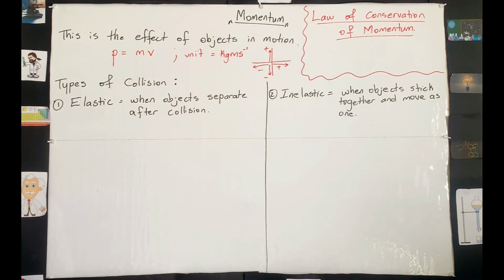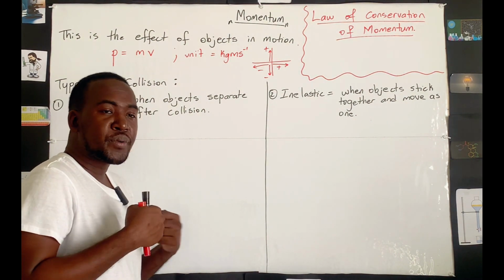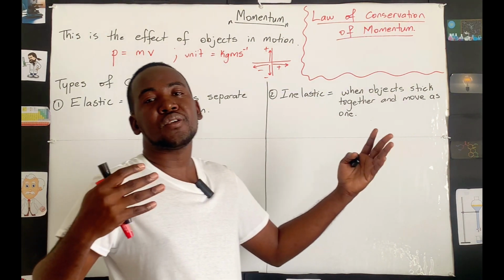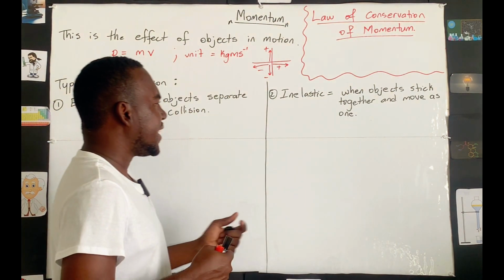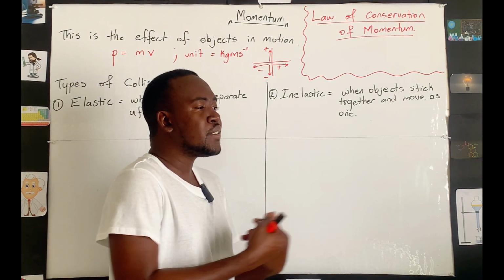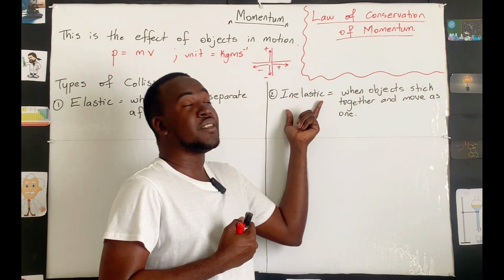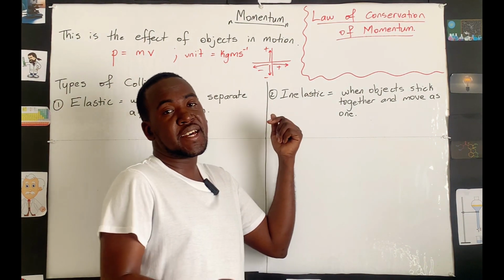Elastic collision takes into consideration that when the objects collide, they will separate and move as separate objects. While with inelastic collision, the objects, when they collide, will actually continue to move as one object, right? So therefore, it's not elastic, it's inelastic.